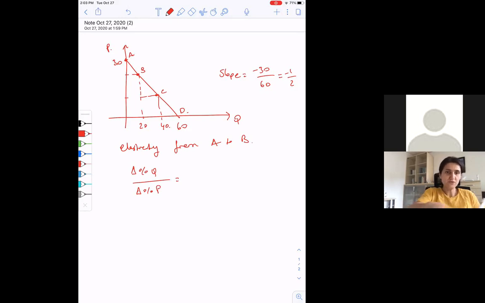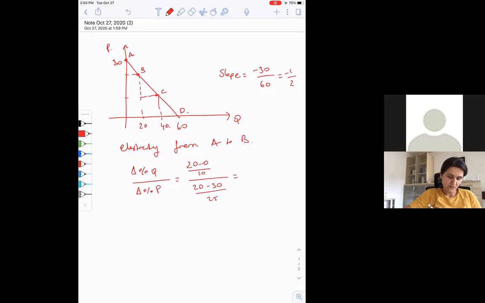So from price 30 to 20, quantities will change from 20 to 0, midpoint is 10, and then price is changing from 30 to 20, midpoint is 25.